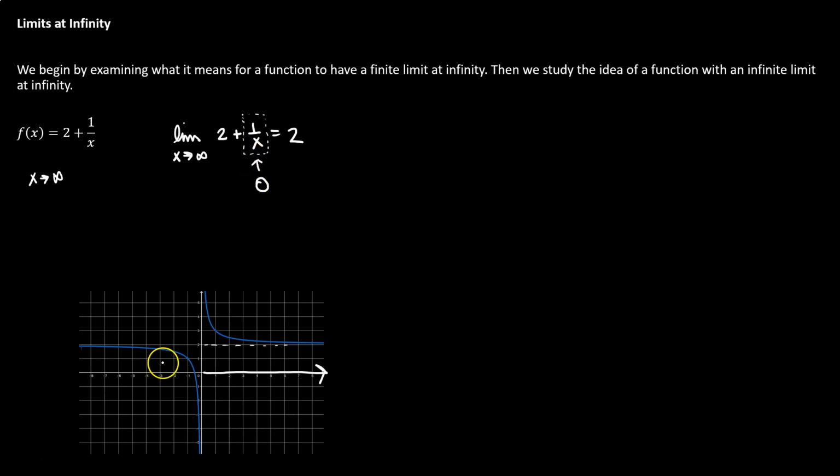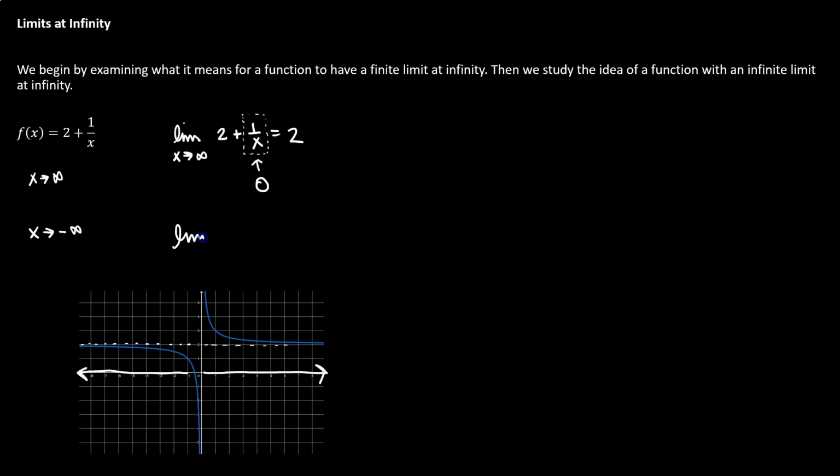The same thing happens when we look at x going to negative infinity. So if we've walked on the number line all the way to the left, we can see that our function looks like it's again approaching the line y equals 2, getting really, really close to it, hugging up against it, but not ever crossing it.